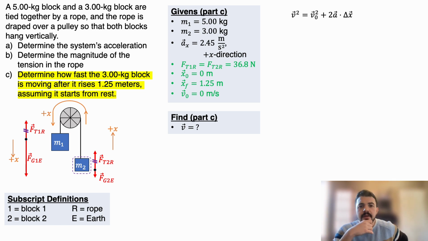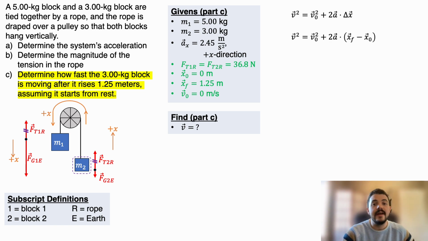And looking at this looks pretty good. That's my find. I do know the starting velocity. I do know the acceleration. And I didn't write it as displacement in my givens. I wrote it as final and initial position, but displacement is final minus initial. So if I just expand that displacement out as final position minus initial position, now all of my givens are on the right side of the equal sign. My find is on the left side of the equal sign.